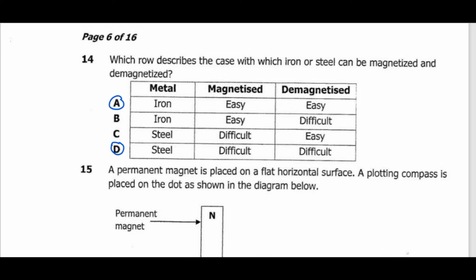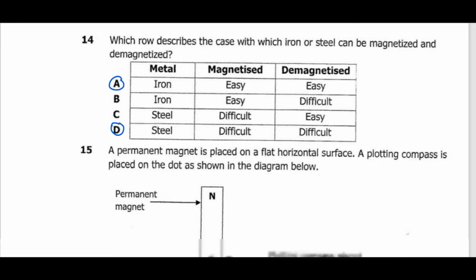I don't know, you can write in the comment section below what you think of this question. Maybe I might be the one, but from what I know, we say steel is hard or difficult to magnetize and also to demagnetize. So D is the answer, A is the answer according to my observation.